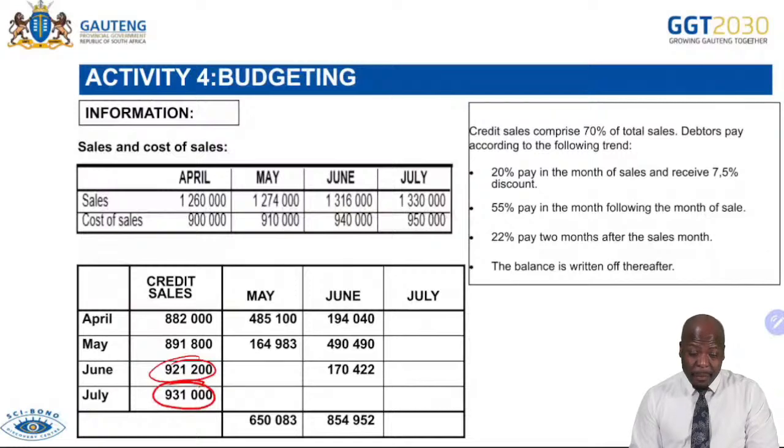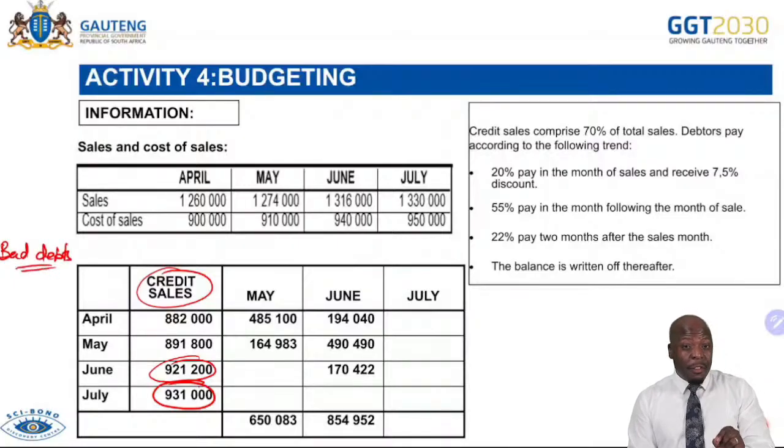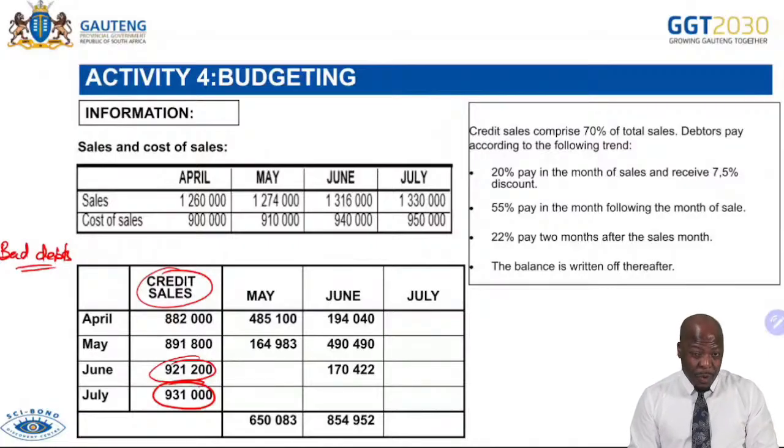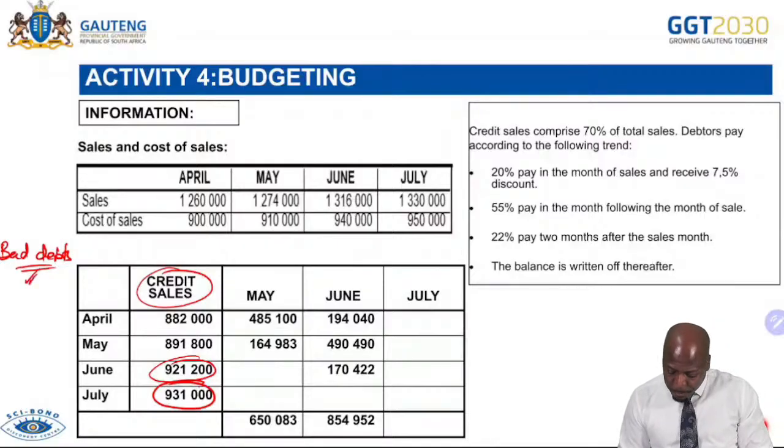Please remember those calculations where you have to get your credit sales from your debtors collection schedule information, as well as a debtors collection schedule which also has bad debts. I want to highlight again the last revision material which was sent recently. There are calculations to this effect where you calculate bad debts.